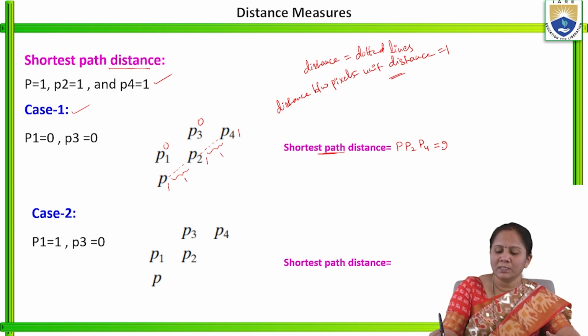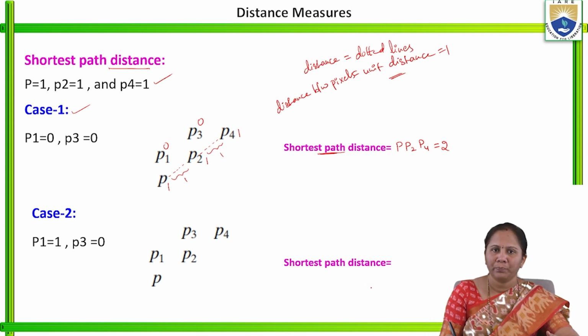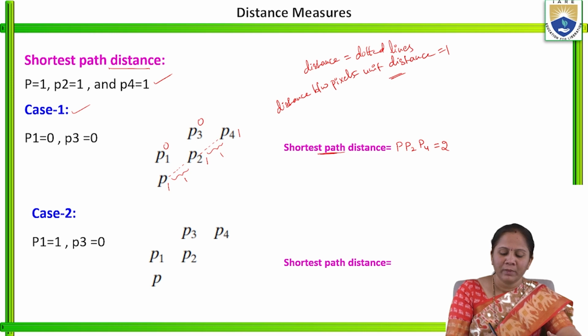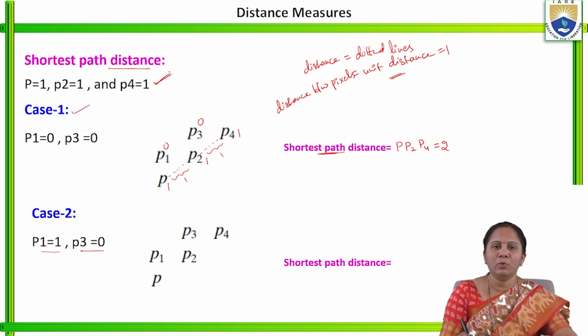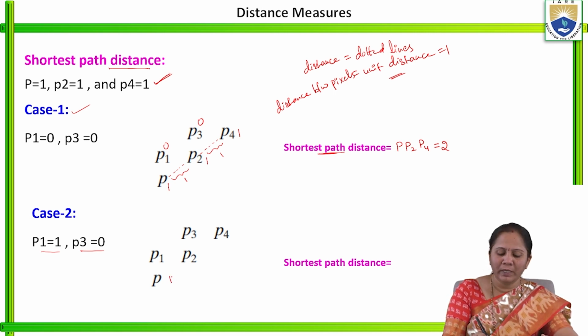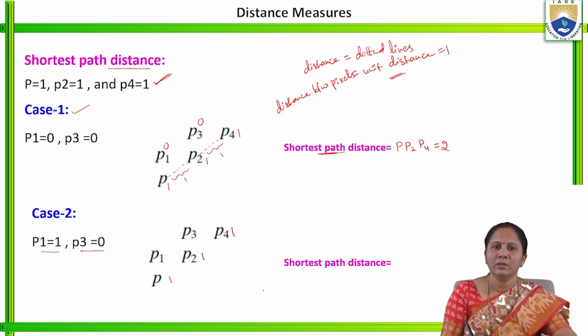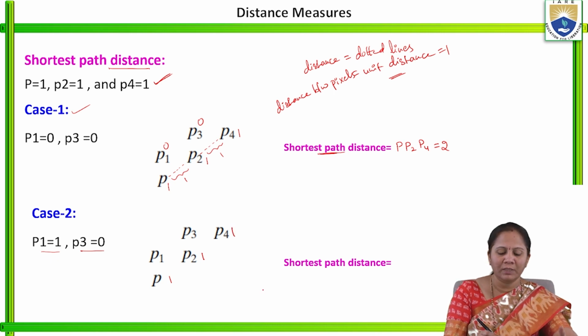So the distance is equal to 2. So this is how we have to measure the shortest path. And considering the next case, that means P1 is 1 and P3 is 0, only these will be varying, whereas here P, P2 and P4 are same, that is 1. So P, P2, P4 will be 1, whereas P3 and P1 will be changing.